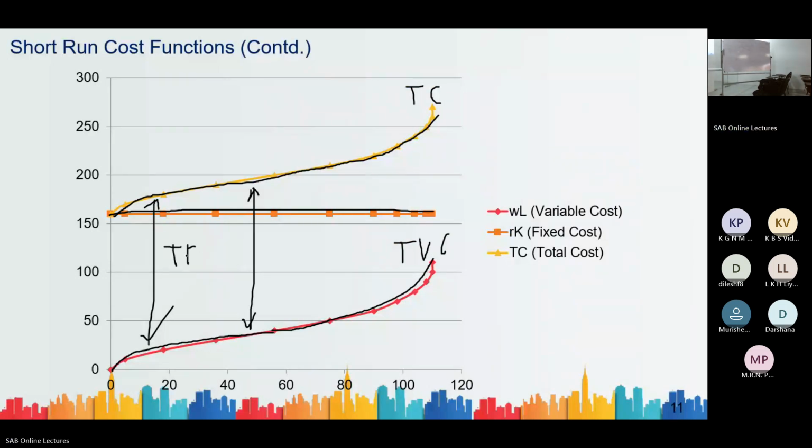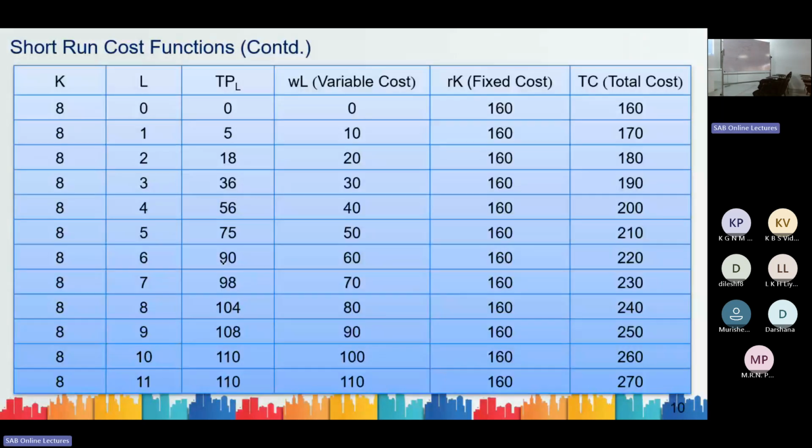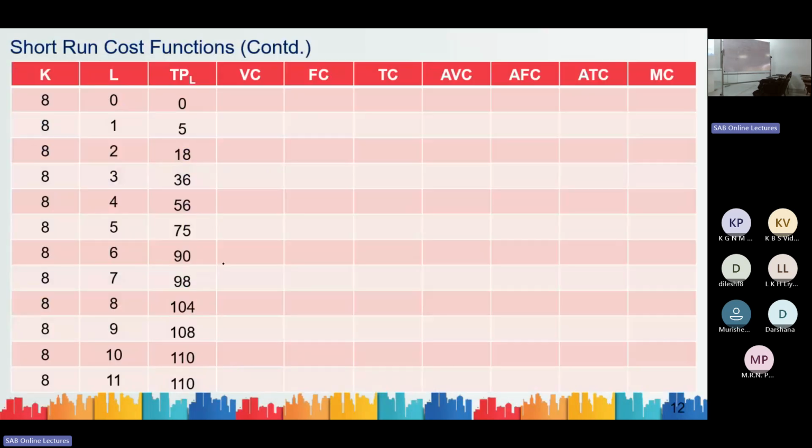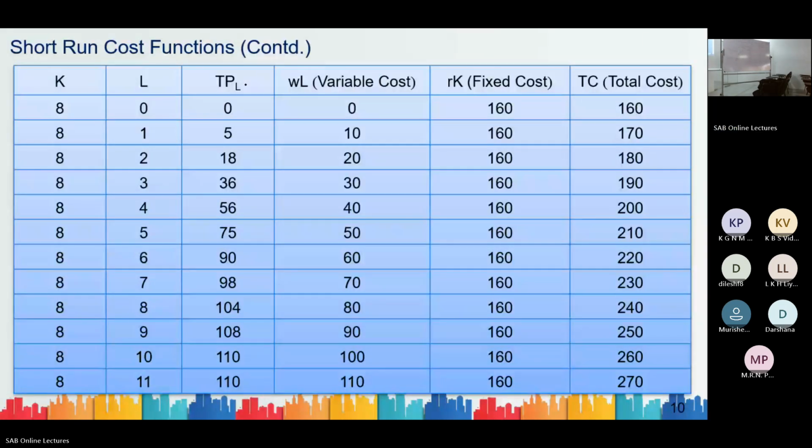Okay. Based on these values, now we are going to calculate the other cost concepts, variable cost concepts and marginal costs. So the variable cost values are the labor costs.